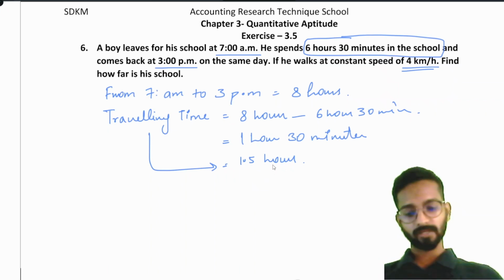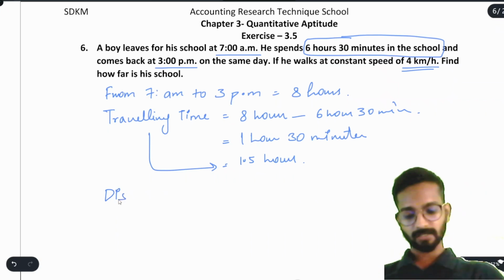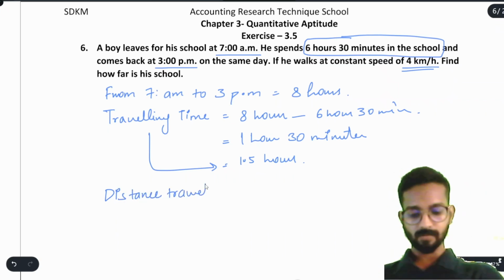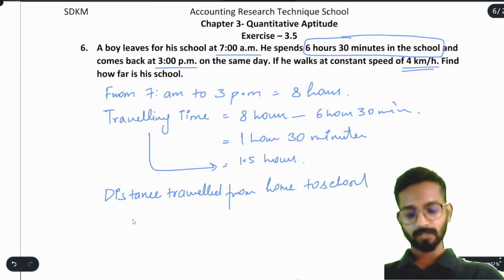Now, if time taken in traveling is 1.5 hours, he is walking at a constant speed of 4 km per hour, then we can easily find out the distance. Distance traveled from home to school and back to home.